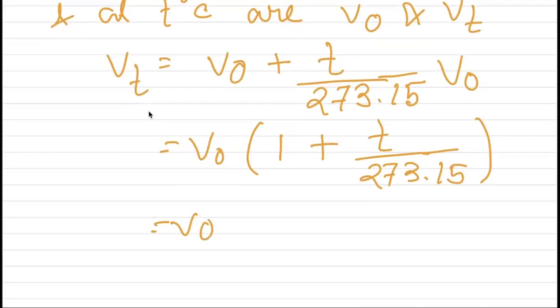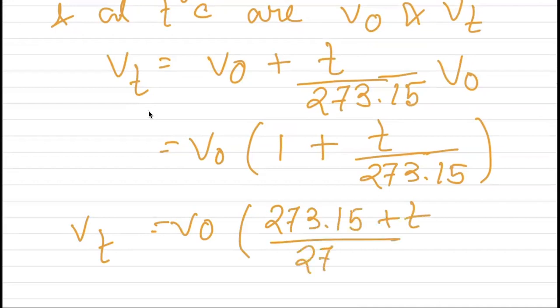Now we can simplify it more. Vt is equal to V0 times (273.15 plus T) divided by 273.15. Okay, this one. Yes, ma'am.